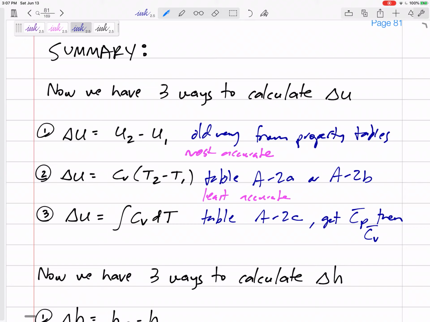Integrate that, so you get something T squared over 2, something T cubed over 3, something T to the 4th over 4, plug in T final minus T initial. A lot of math to get middle accuracy, a little bit more accurate than the constant specific heats. All right, that's for finding delta U.